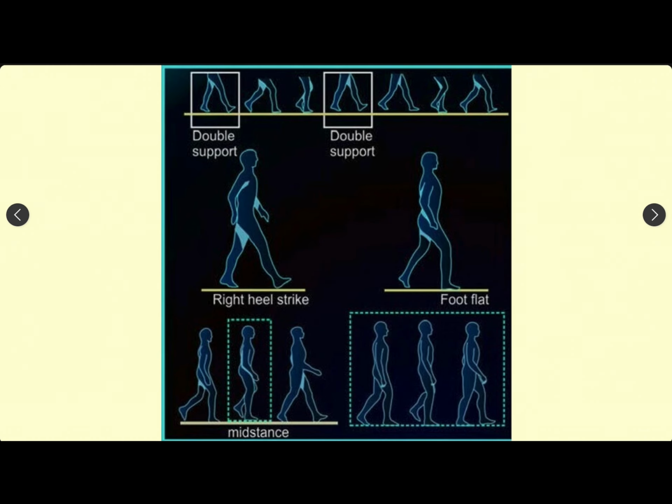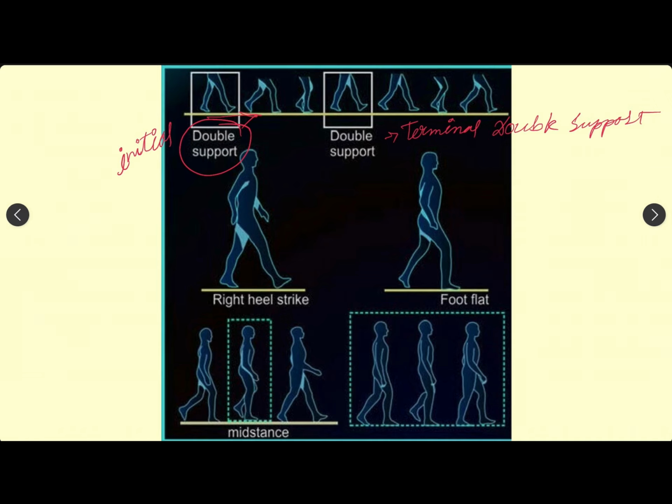So this is initial double support and this is terminal double support. Initial double support occurs at the beginning of the stance phase, from initial contact to loading response.